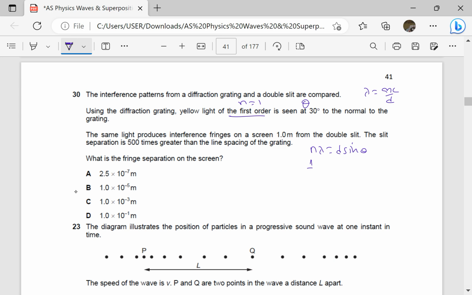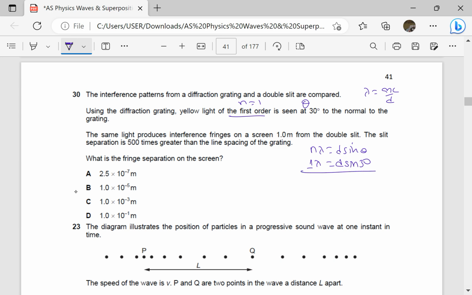The same light produces interference fringes from the double slit. So wavelength is the same. Then this is going to be d sine 30. That is for the diffraction grating.